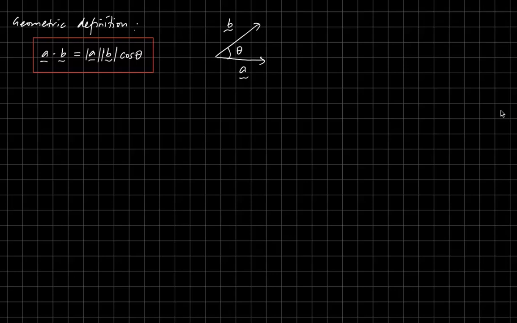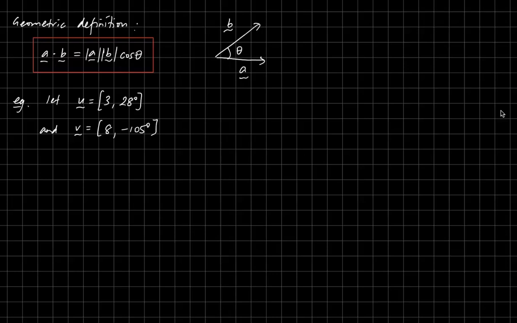So let's do an example in this form here. If we had two vectors defined in polar form, so let's say I had a vector u which has a magnitude of 3 and direction of 28 degrees, and then let's say this one here, v, has a magnitude of 8 and a negative angle of 105 degrees.